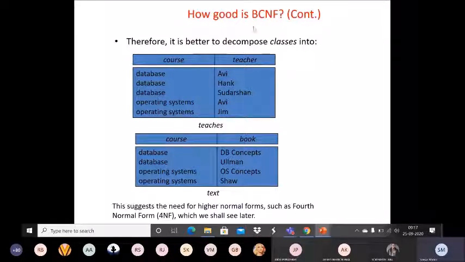Making it BCNF is not always good. You have to incorporate one attribute there, then you can manage this challenge. Otherwise, it may go to a different type of inconsistent state, or it may show you multi-valued dependency. Then directly you have to go to fourth normal form.